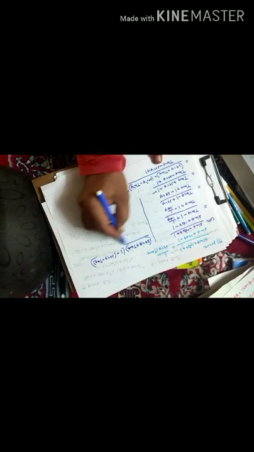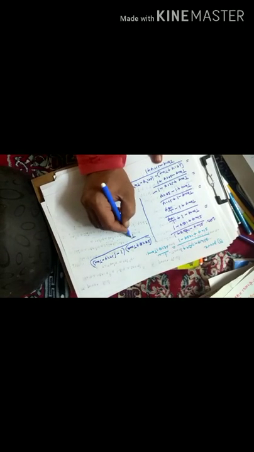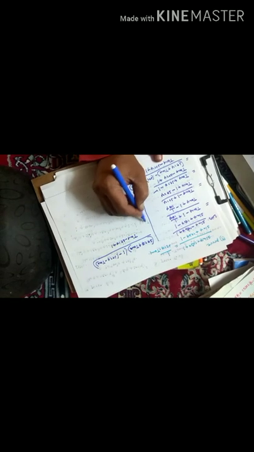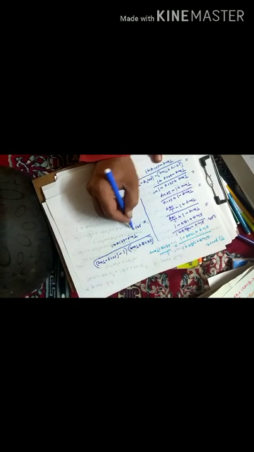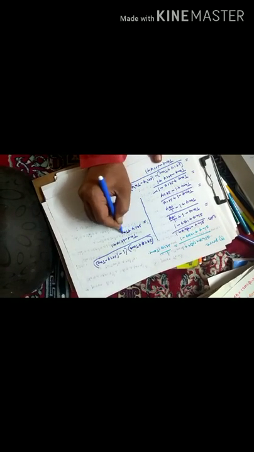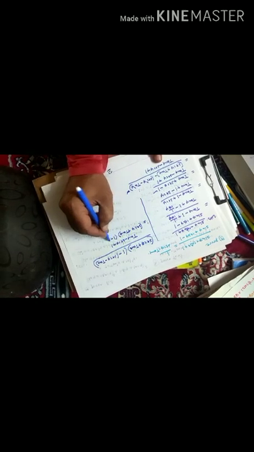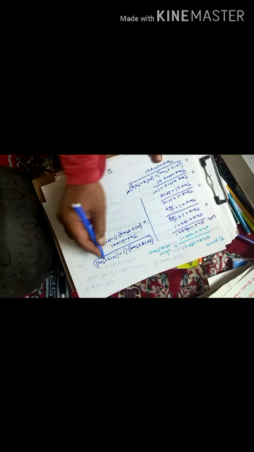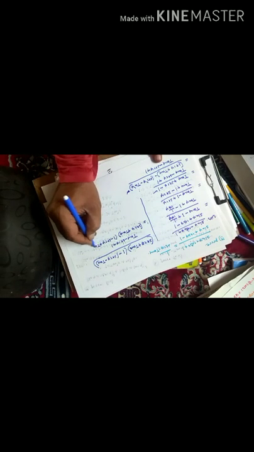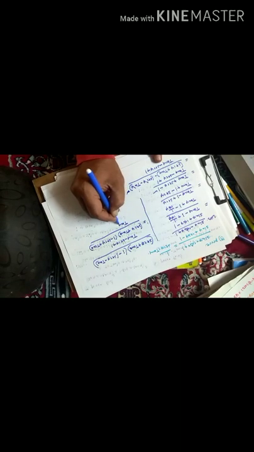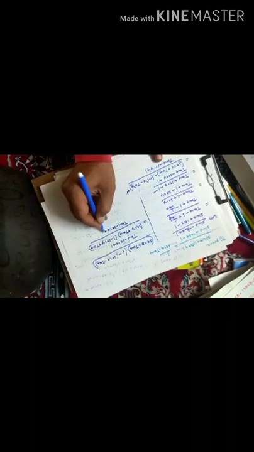So this is the common thing, and the denominator is tan theta minus sec theta plus 1. So if you see this, sec theta plus tan theta times 1 minus sec theta plus tan theta, by tan theta minus sec theta plus 1.